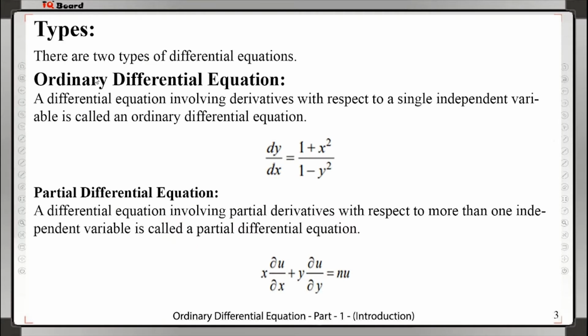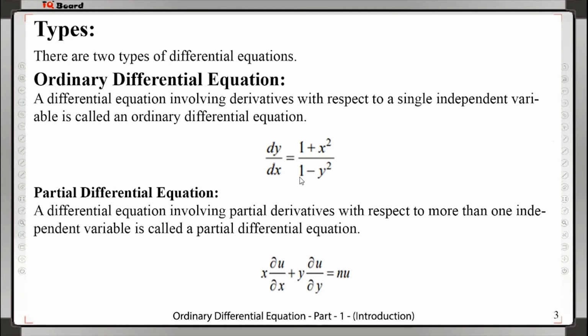The differential equation are of two types. First is ordinary differential equation. A differential equation involving derivative with respect to single independent variable is called ordinary differential equation. For example, let dy by dx equal to (1 plus x square) upon (1 minus y square).